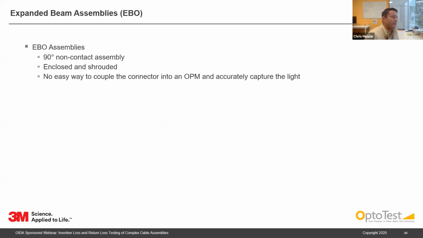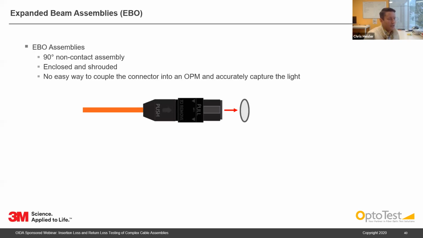Now, looking at these EBO assemblies, these are 90-degree non-contact assemblies. The ferrule is enclosed and shrouded inside the connector, and there's no easy way to couple the connector into an OPM and accurately capture the light. So if we look at a standard MPO connector here, light comes directly out of the connector, and you can put a detector right in front of it and directly measure the light.